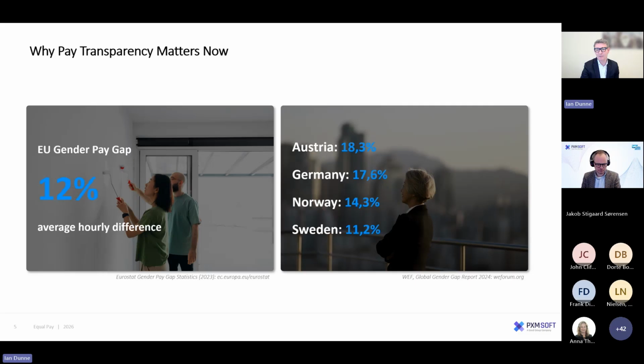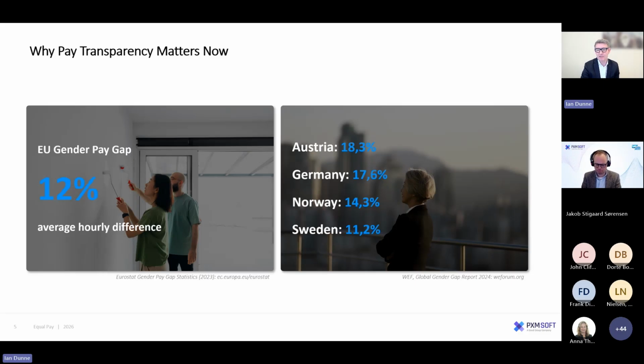That's just a headline figure. But if you look at some of your countries, you'll see that Austria is sitting at 18.3%, Germany 17.6%, Norway even at 14.3%, and even Sweden, consistently ranked in the top 10 globally for gender equality, has an 11.2% pay gap, right?